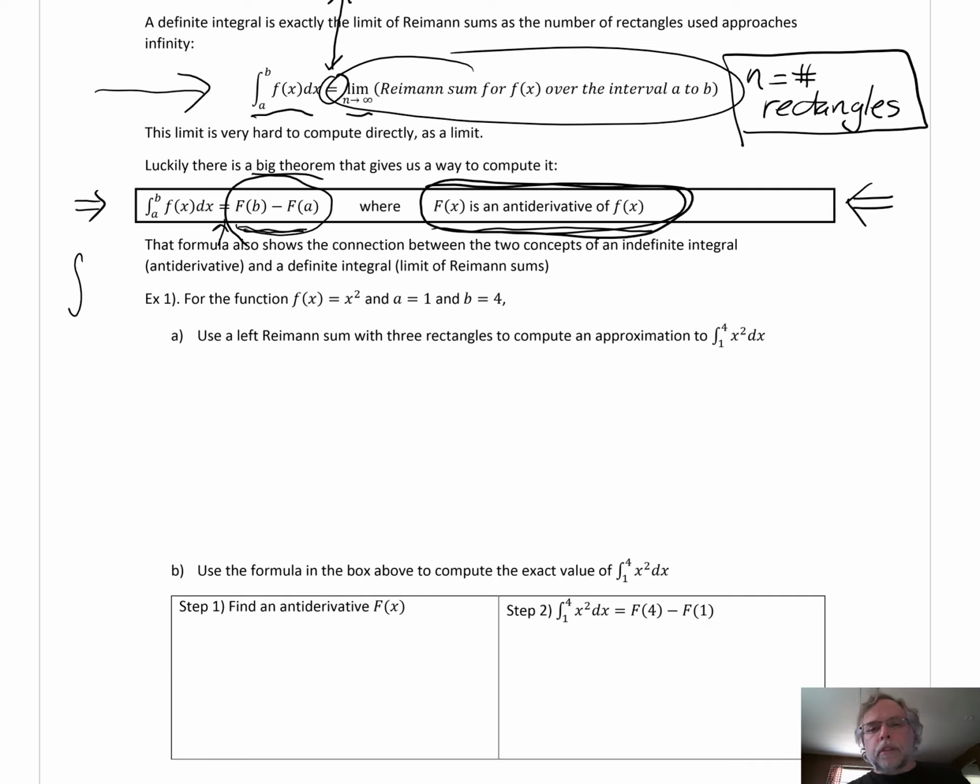And it also is the connection between a definite integral and an antiderivative or an indefinite integral. And that's why the notation that's used is similar for both of them. But the definite integral has a and b, the indefinite does not. You're going to see that in all these examples coming too.